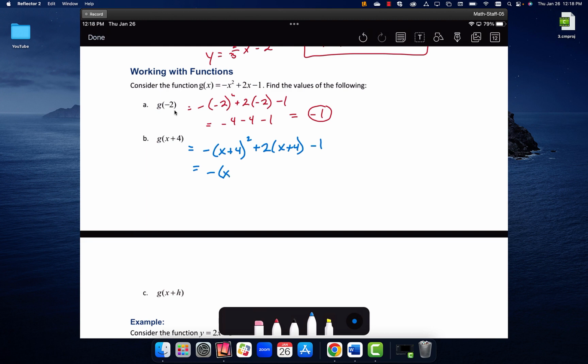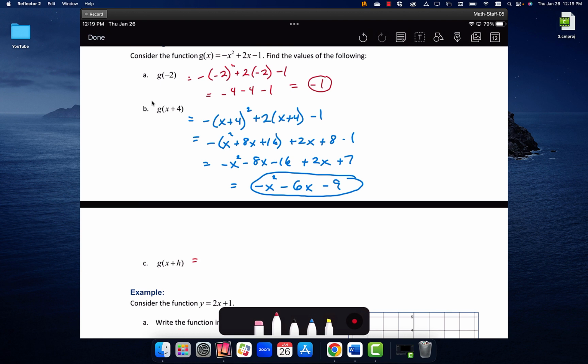Here we have a binomial squared, so we'll square the first, double the product, square the last, distribute the 2, bring down the minus 1, distribute the negative sign, and then combine like terms. We get negative x squared minus 6x minus 9.